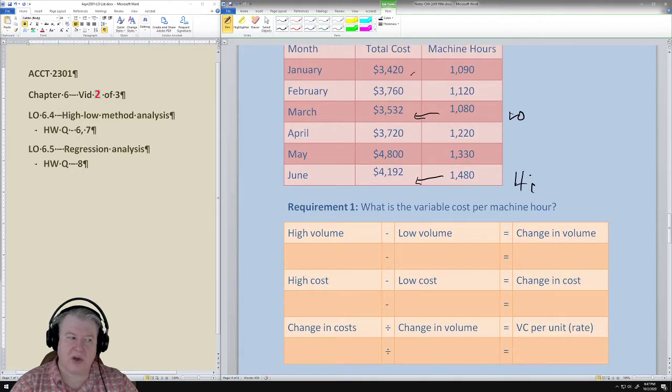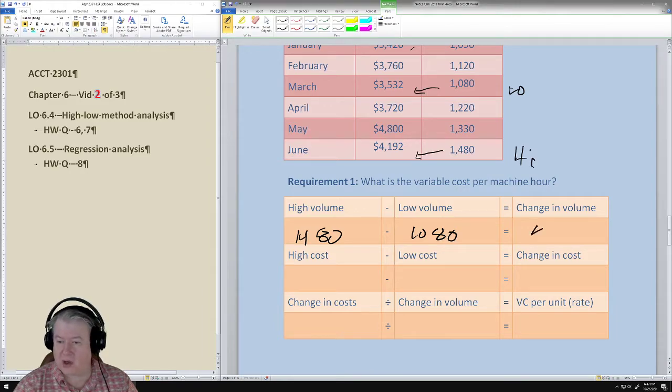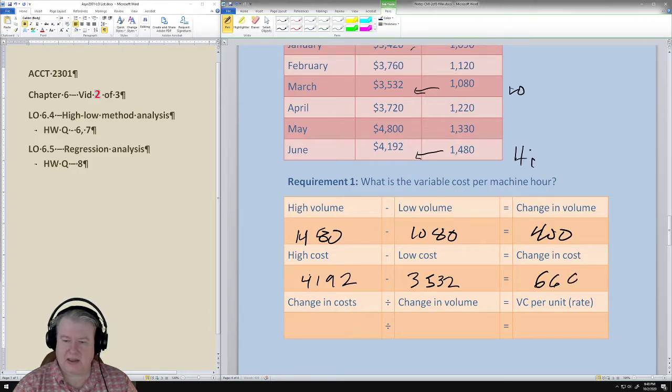So same thing, we're just going to go through and plug those in to get our rate, or the slope of our line. So we plug in 1480 minus 1080, and that's going to be 400. And our high cost is going to be 4192 minus 3532, and that's going to be 660.